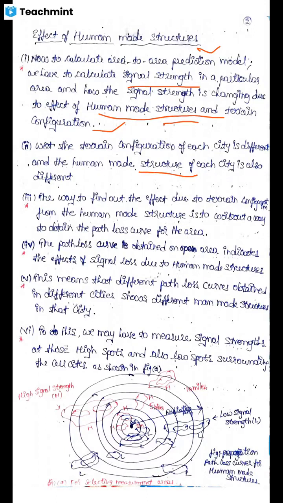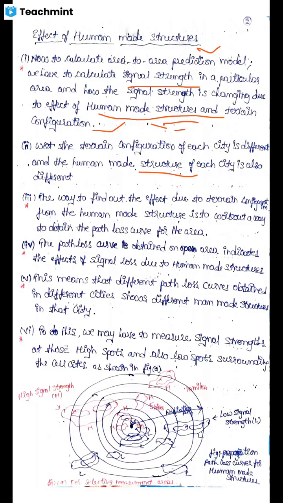And finally, when we obtain the path loss curve, that is, when we obtain the signal strength in a particular area, we will get different path loss curves in different areas due to different human-made structures or natural terrain configurations.